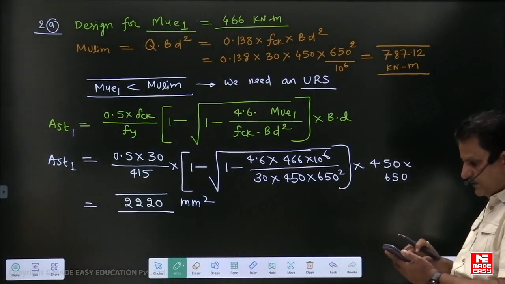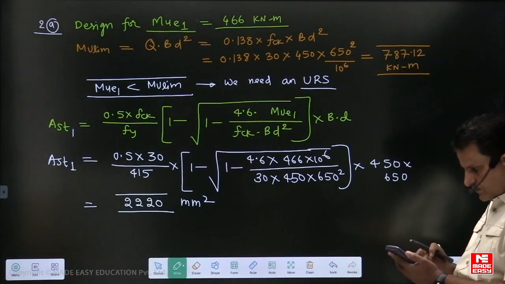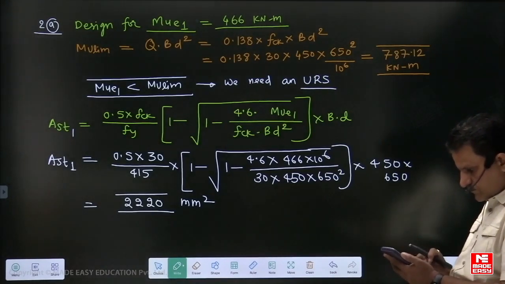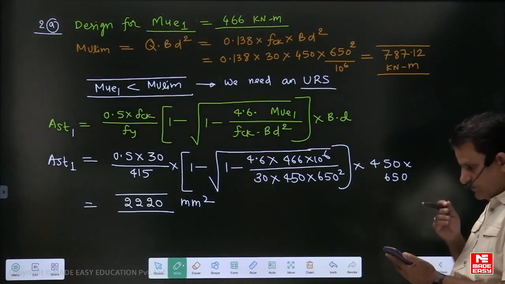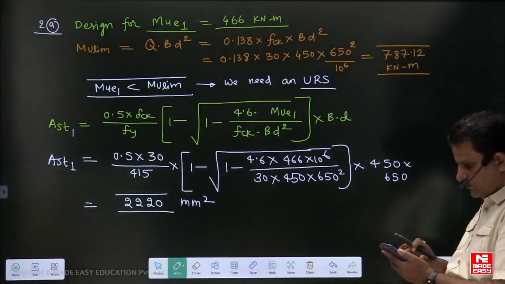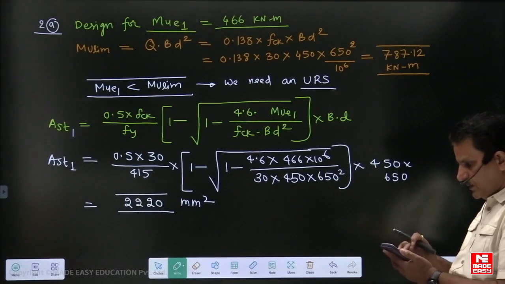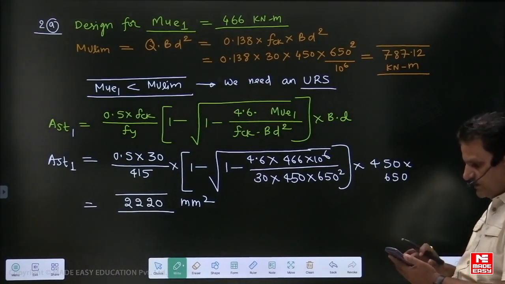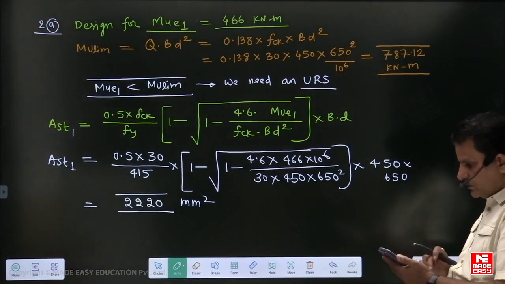You can select any combination. Suppose I provide 4 of 25 plus 2 of 16. If I provide that, then 2365 is coming, and if I change it to 12, then it is 2189.